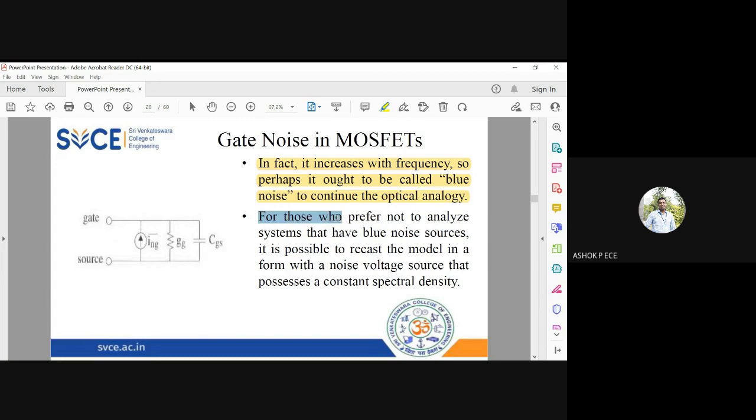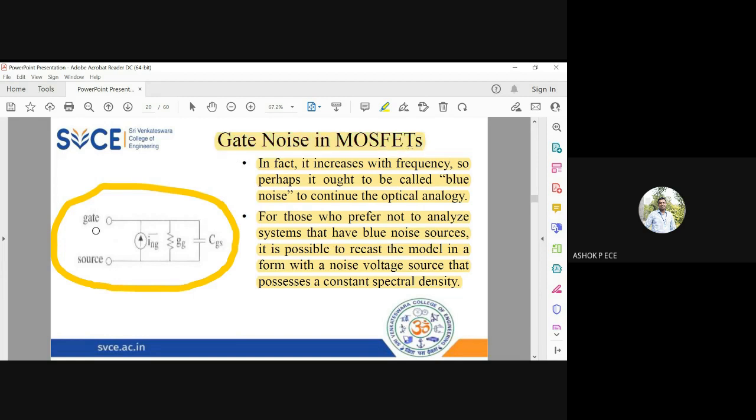So for those who prefer not to analyze systems with blue noise sources, this model will clearly help. Wherever you want to analyze the effect of gate noise in FET, we'll include this equivalent circuit in the circuit, and analyze the effect of this noise current happening in the gate.